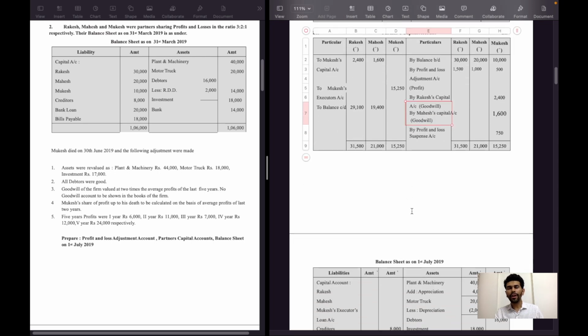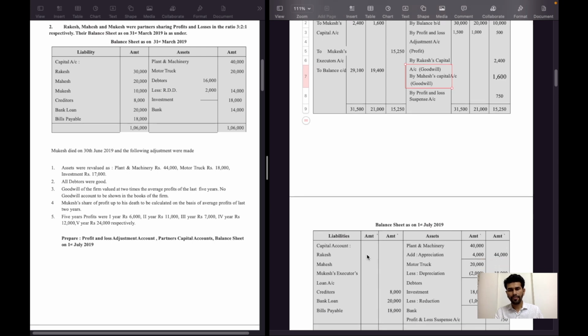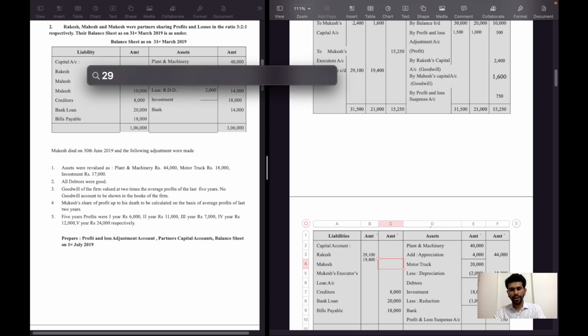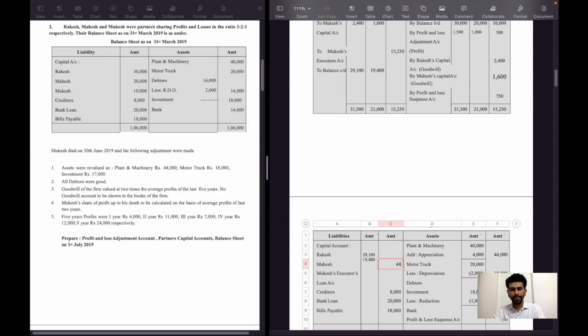And this balancing figure will be shifted to balance sheet liability side. Rakesh capital account is 29,100. Mahesh capital account is 19,400. Total will be recorded in outer column. 29,100 plus 19,400, 48,500. And Mukesh's executor's loan account will be recorded at 15,250 rupees.